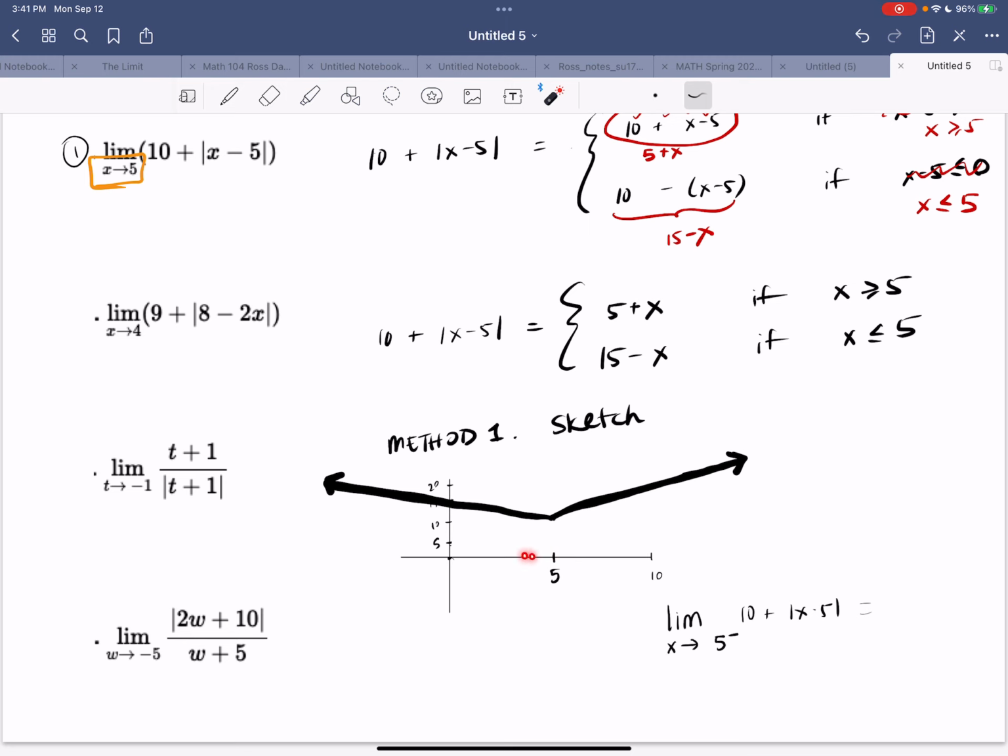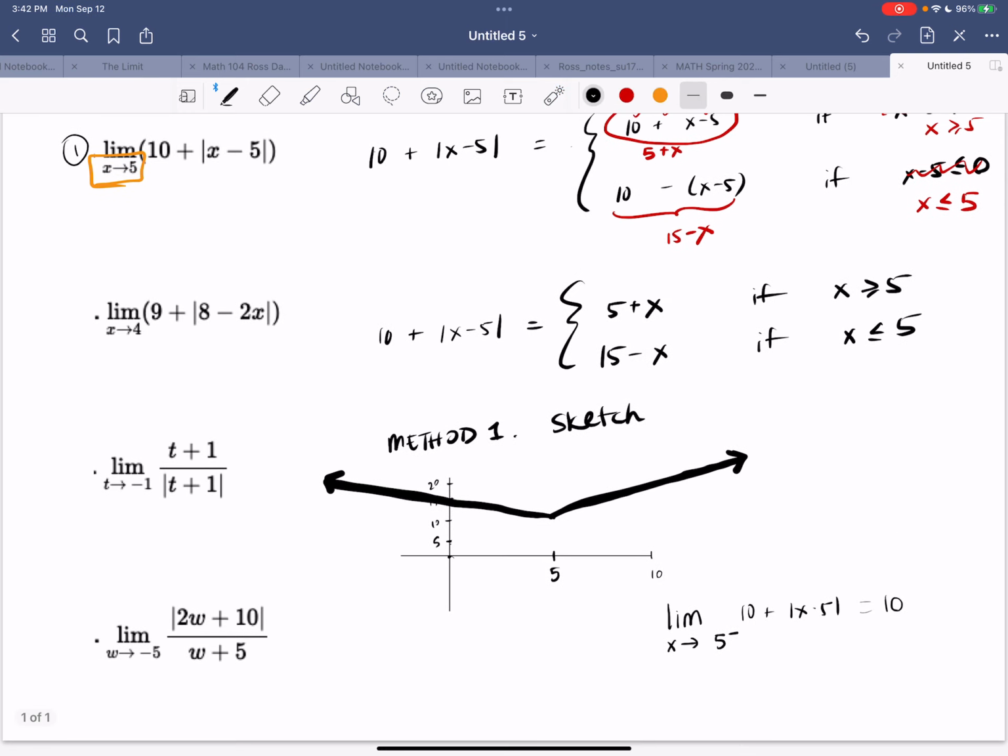As my x values get closer, what's happening to my y values? My y values are moving down, and it looks like the y values are approaching 10, right? So my values are getting closer and closer to 10. So my limit is 10, just by inspecting the graph.